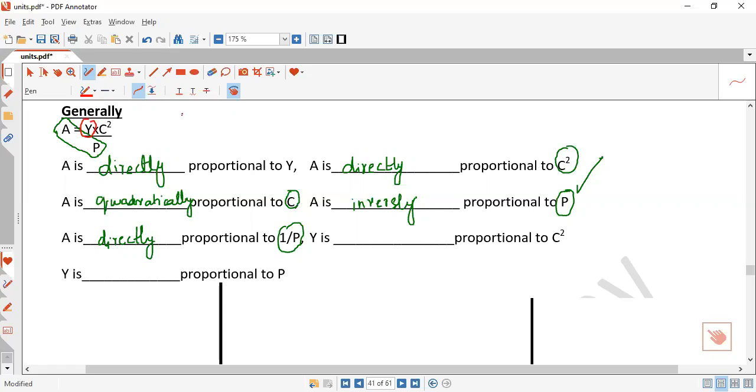Make Y the subject of the formula and tell me what it would be equal to. Yes, Abdullah. Sir, P divided by c square. So Y is how proportional to c square? Yes, Abdullah.